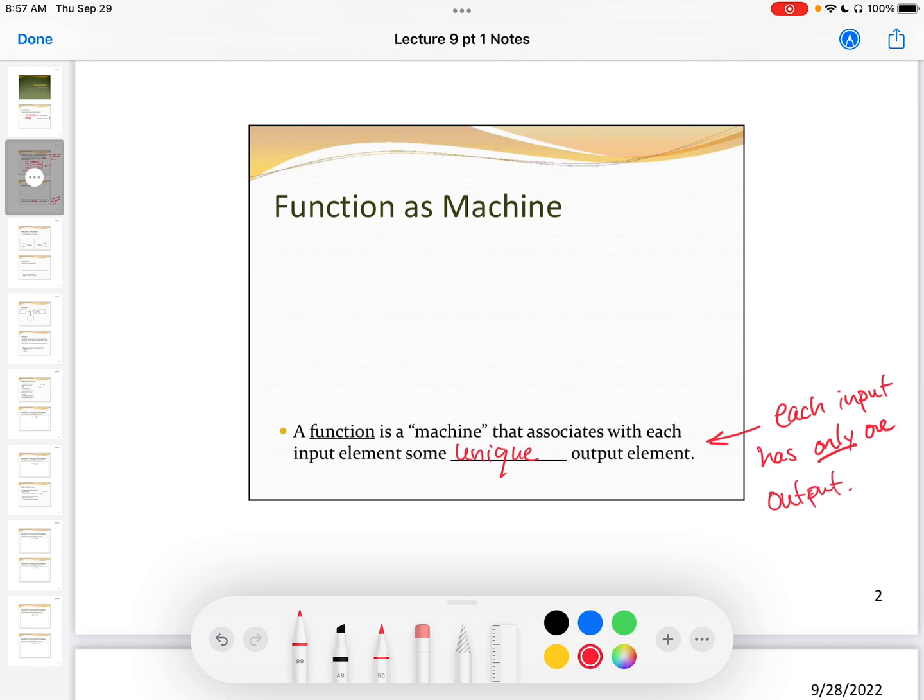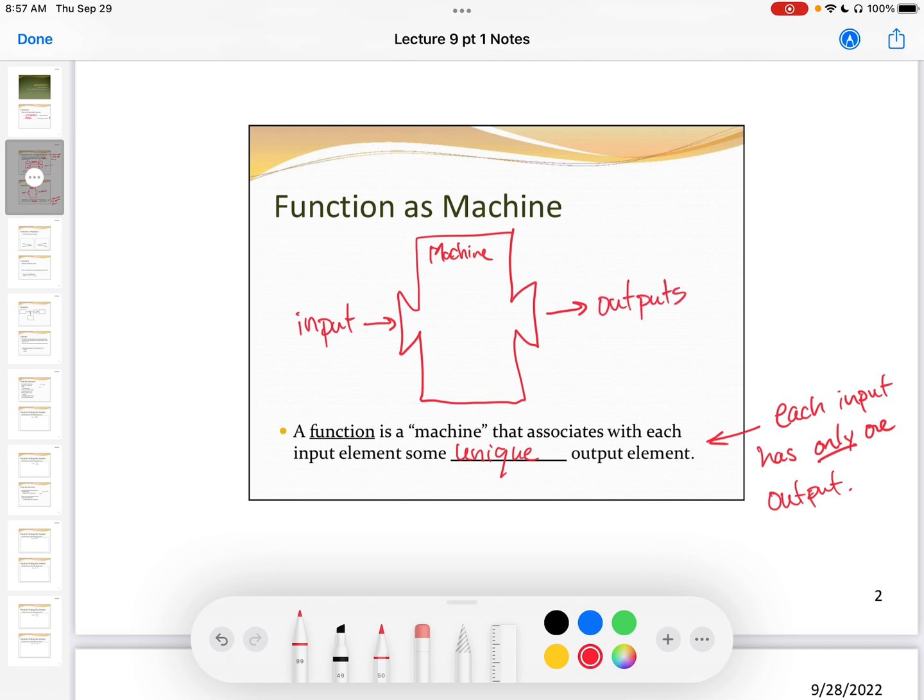Now, how do I draw the picture? You guys in Algebra 2 may have seen me draw it this way. You're going to draw almost like a Frankenstein head. And this Frankenstein head, that is your machine. And how does this function work? Well, you're going to have your inputs that enter into your machine, and then your outputs that come out on the other side.